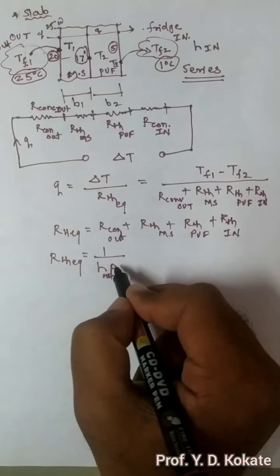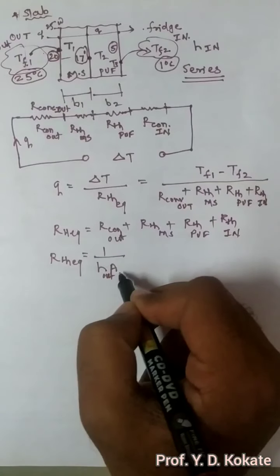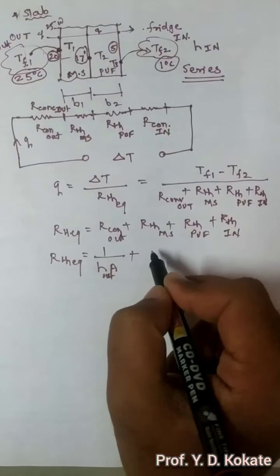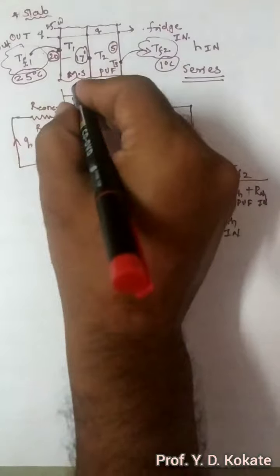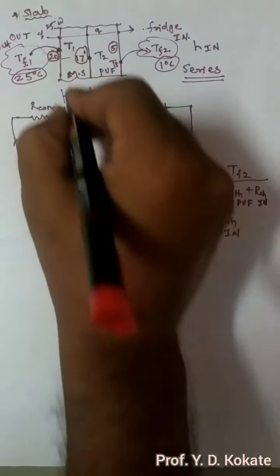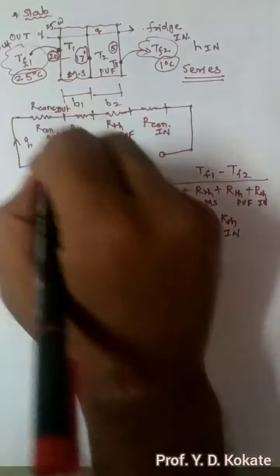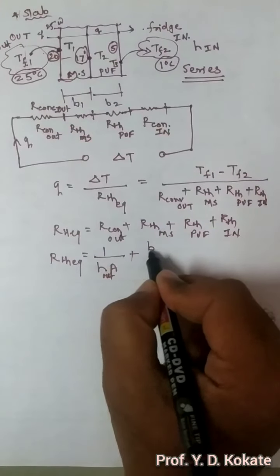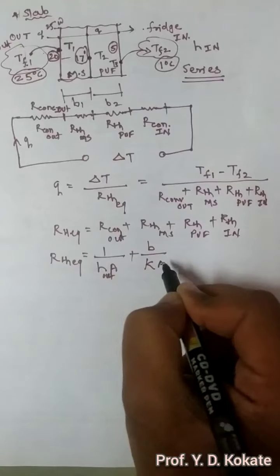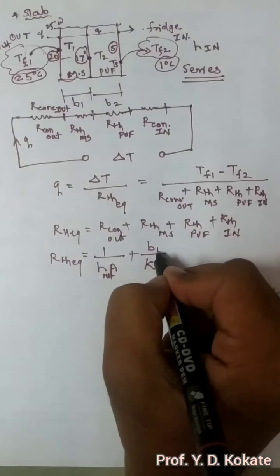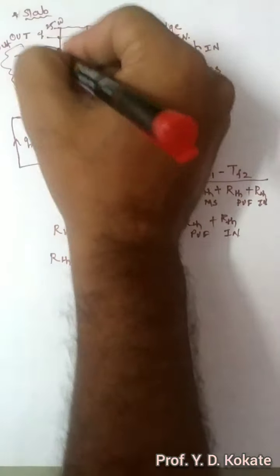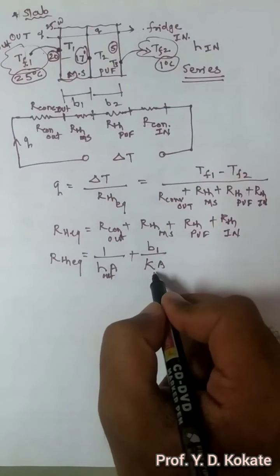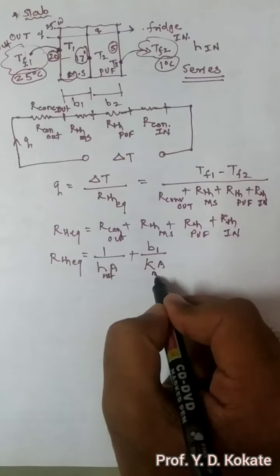So this area will be the same, so it becomes 1 upon h out into A plus RTH ms will become what? This resistance. This is the case of a slab, so we use the formula of a slab. So what is the formula of a slab for thermal resistance? B upon KA. More precisely, this thickness is B1, because we are writing it for ms, so it will be B1, and this will be written as kms.